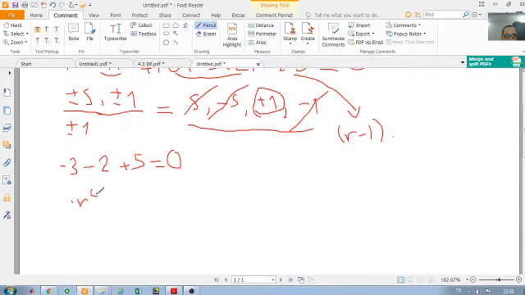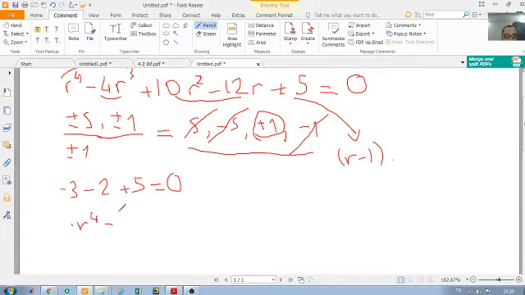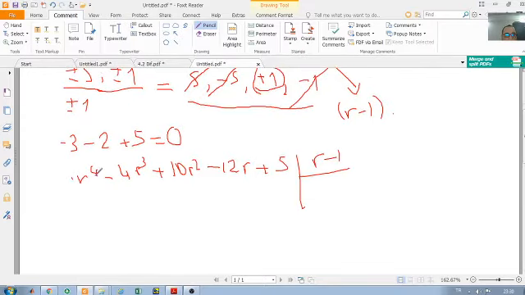So r to the fourth minus 4 r cube plus 10 times r squared minus 12r plus 5, divided by r minus 1. To obtain r to the 4, we multiply r minus 1 by r to the power 3. So we get r to the 4 minus r to the 3.